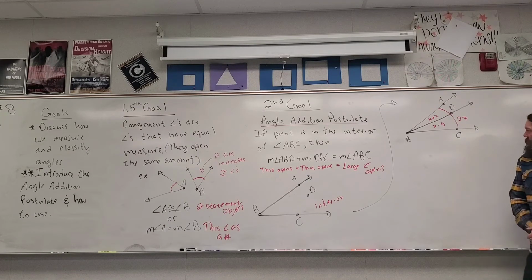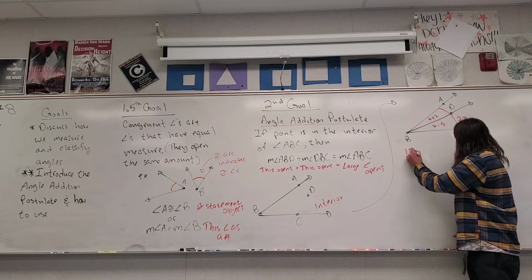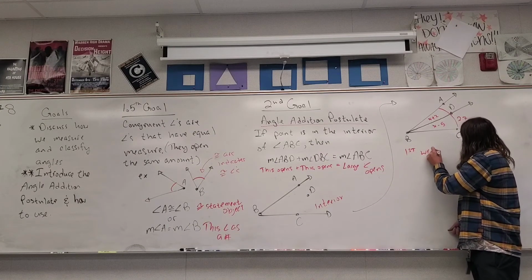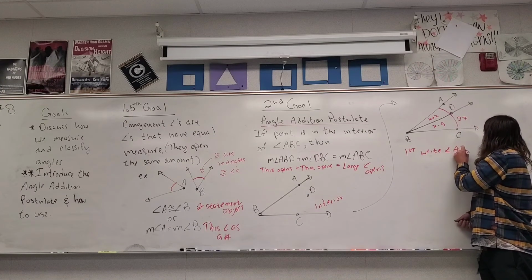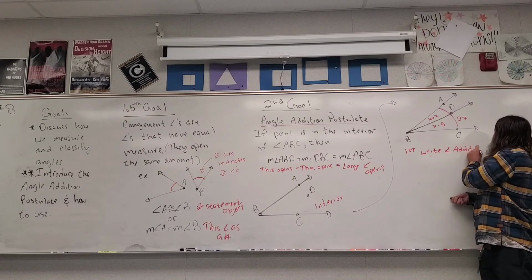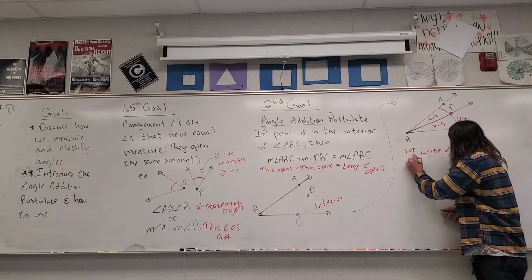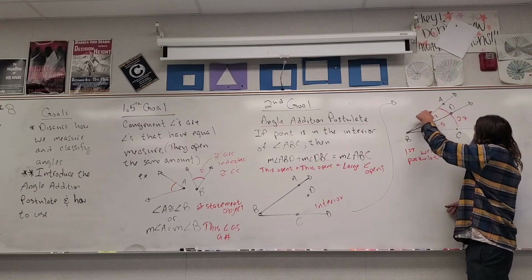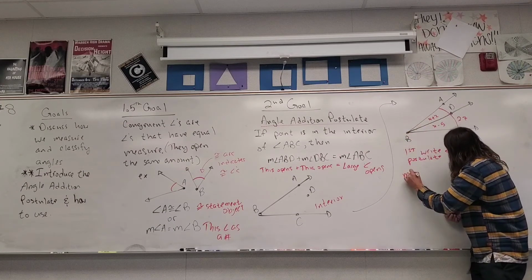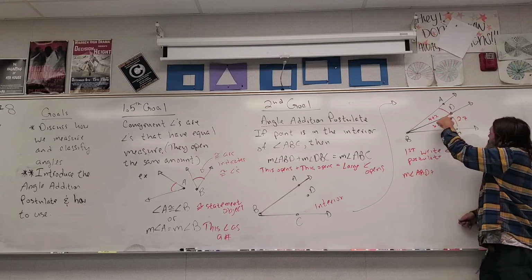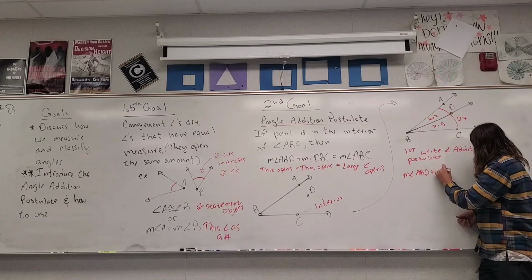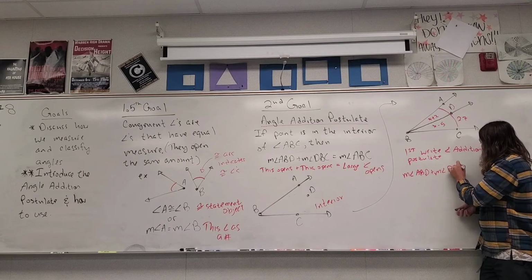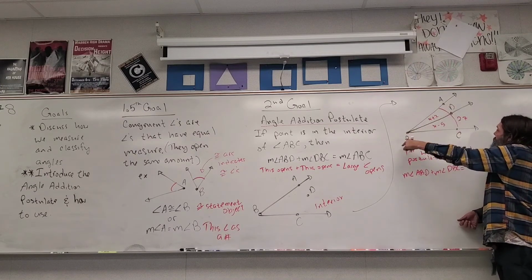But what we would do is first write the angle addition postulate. So we get the measure of angle ABD plus the measure of angle DBC, and that equals the measure of angle ABC, right?